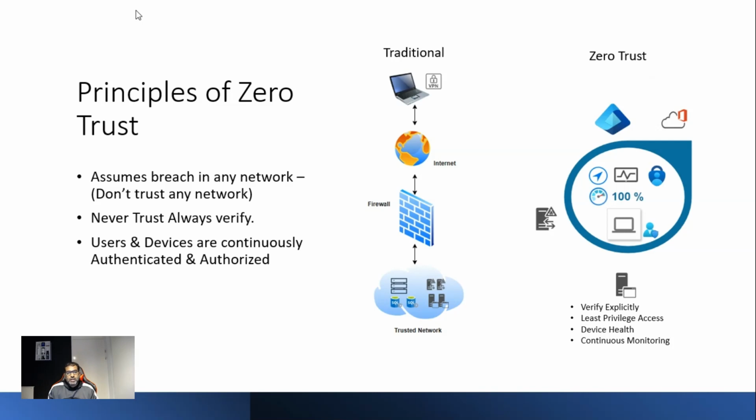Some key principles of zero trust. You see the two diagrams which I have. On the left is the traditional one, where a user with a laptop is sitting at home, initiates a VPN session over the internet and then connects to the data center. That's a trusted network. Then the user can access everything.